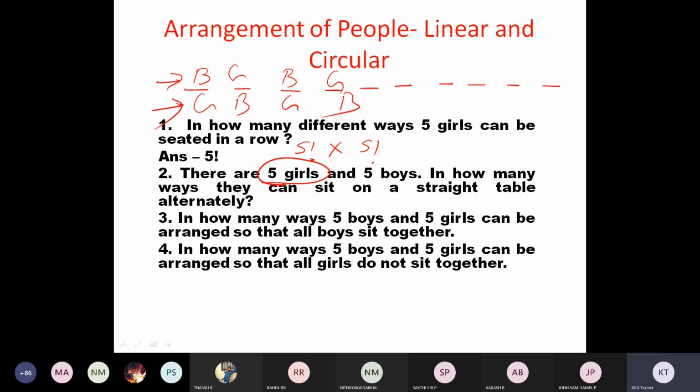That means the starting position can start with how many people? The first position can be occupied by either a girl or a boy, so 2 people, and 2 people can be arranged in 2 factorial ways, right?